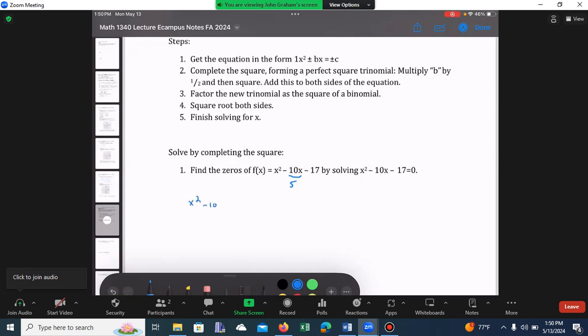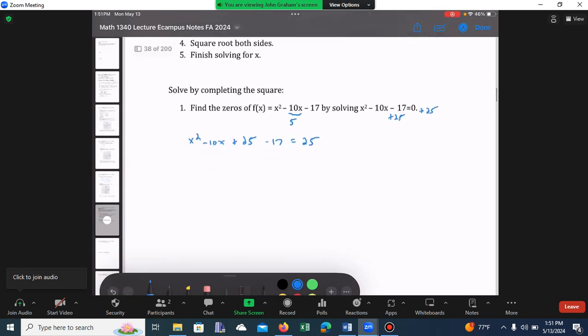So we'll have x² minus 10x plus 25, that's the 5 squared, minus 17 equals 25. We're adding plus 25, plus 25. And 25 comes from 5 squared, which is half of 10.